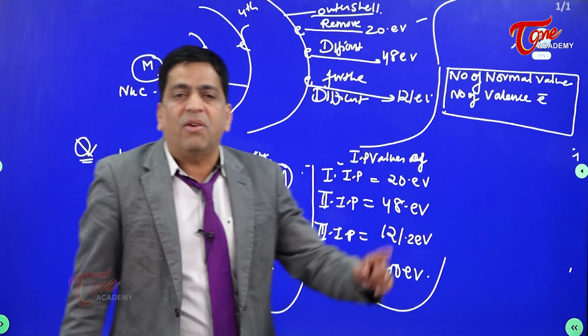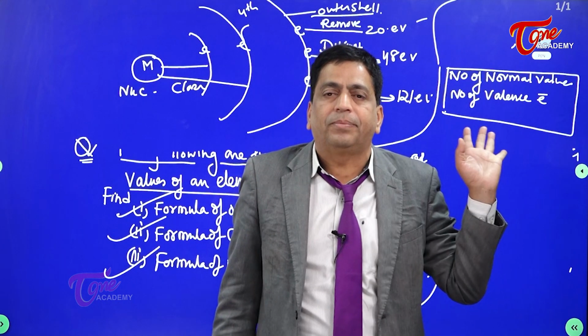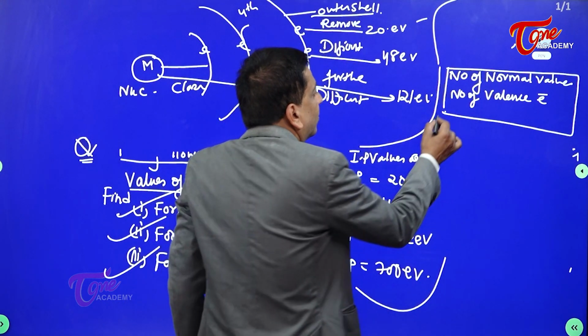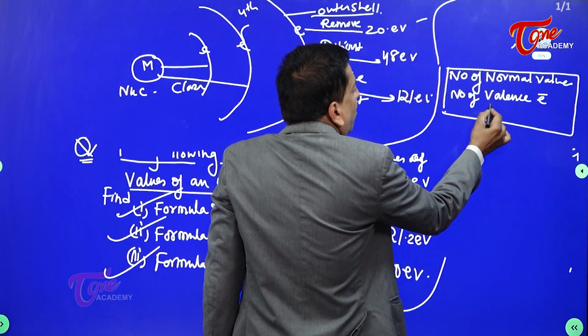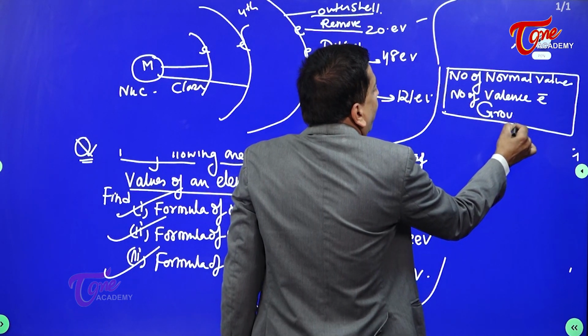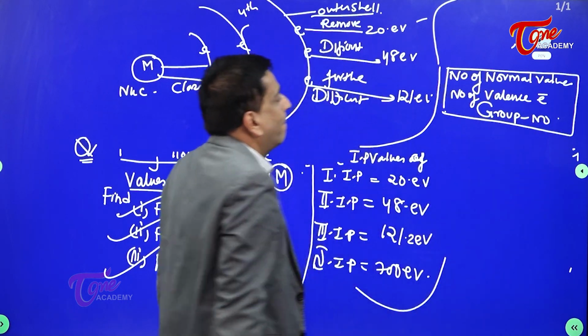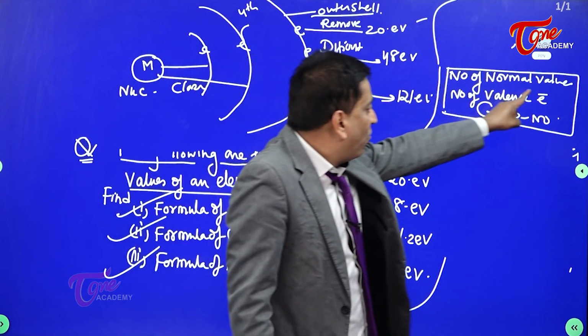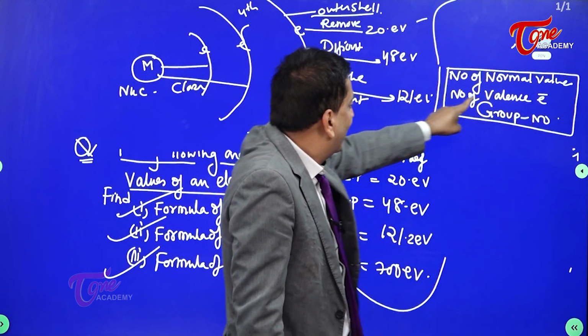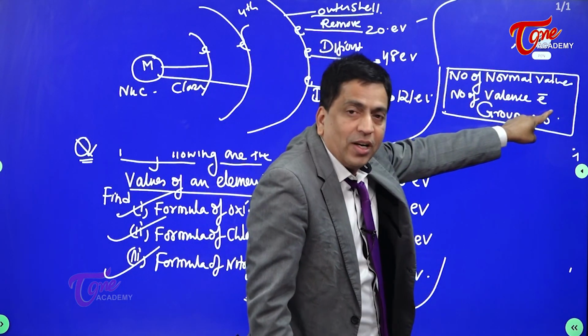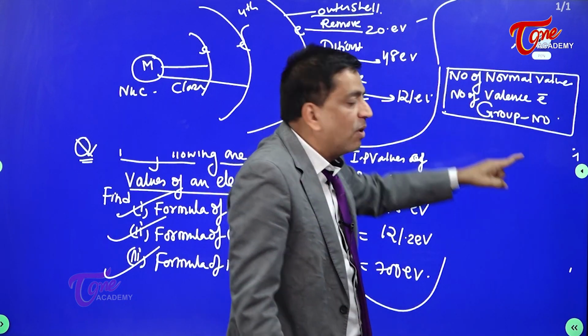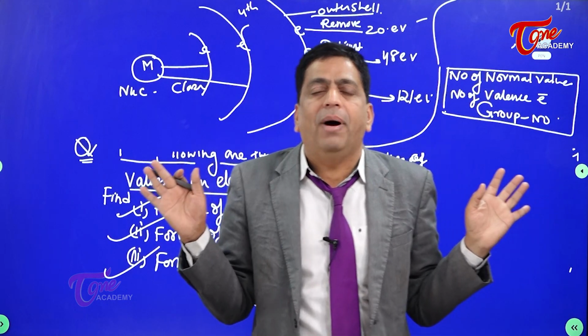That is the number of electrons present in the outermost shell, which is otherwise nothing but the group number. Number of normal values is equal to number of valence electrons, which is nothing but the group number.